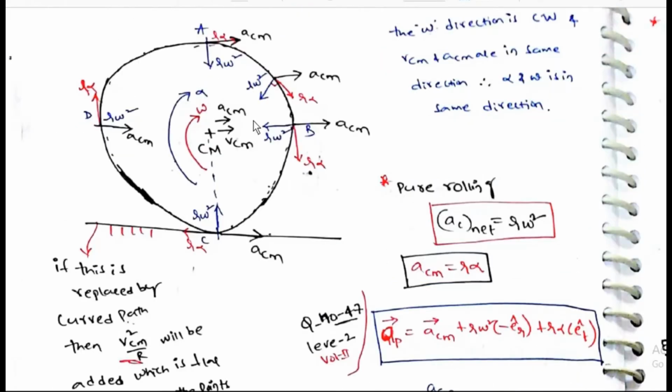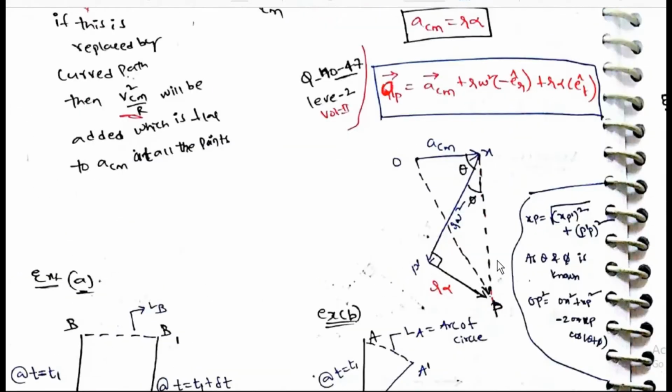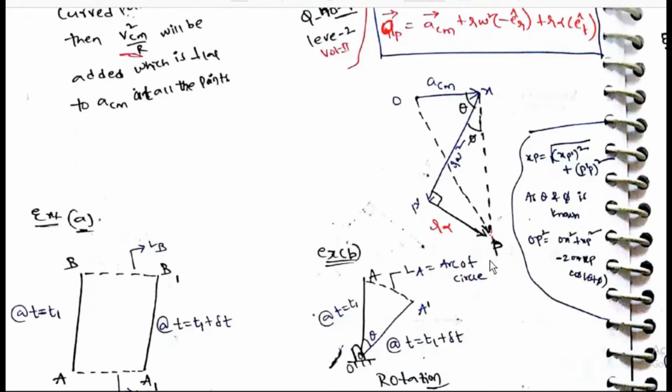AP bar is equal to ACM bar plus R omega squared of minus CR cap plus R alpha ET cap. ACM is in this direction, R omega will be here at P, R alpha will be here.